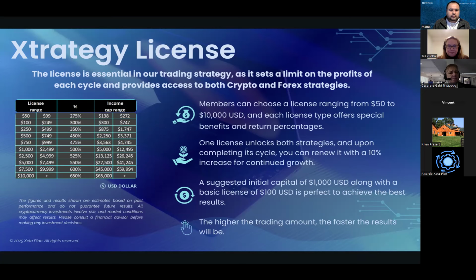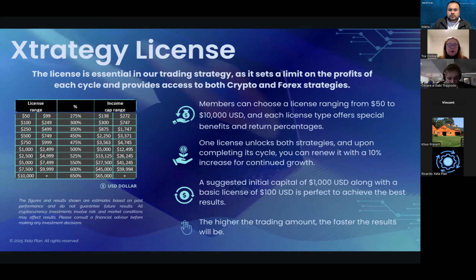Our minimum license starts at $50 and it generates you a 275% return, so that would be an income cap of $138. What does that mean? If you put in $100 into your forex account, it would start working until your account generates you $138.